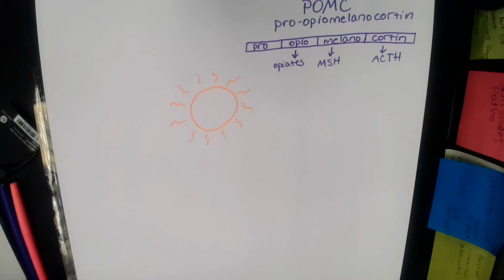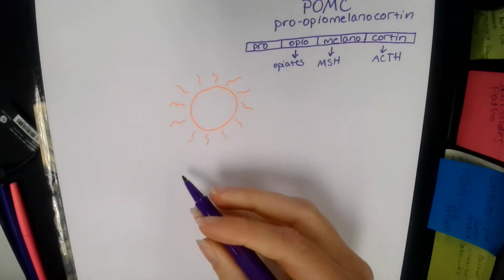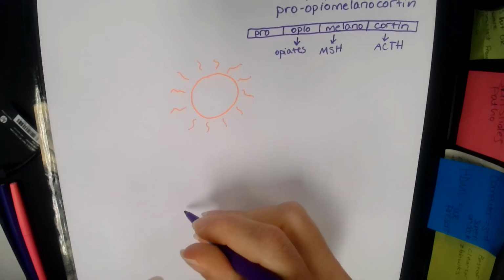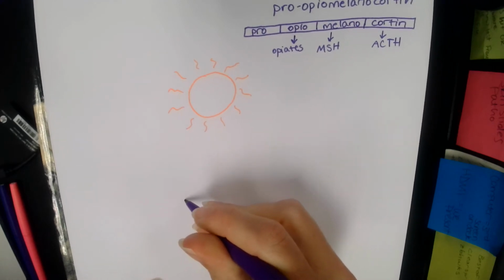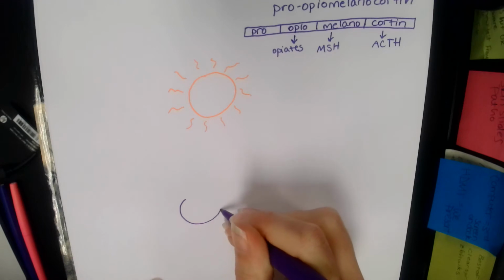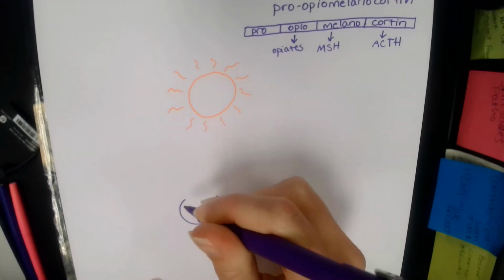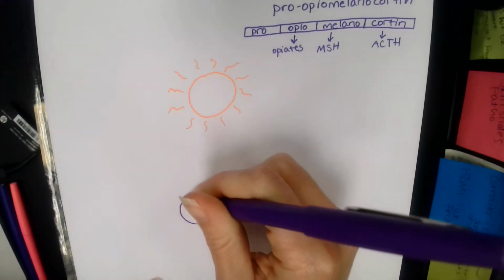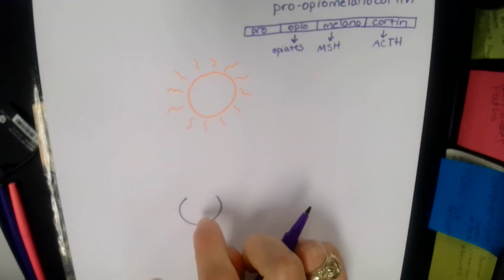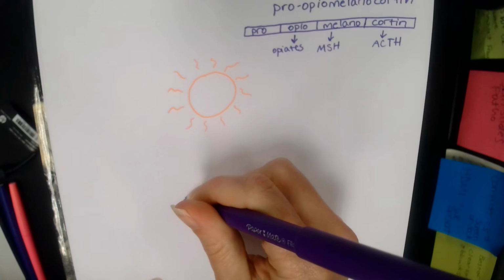The melanocyte, as you know, is in the base layer of our skin, and it has a cell body that is in the base layer of the skin, kind of anchored there.